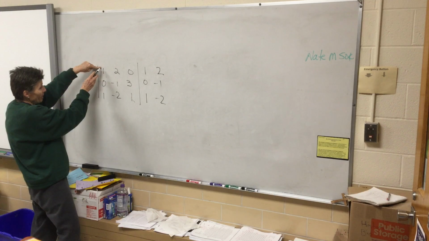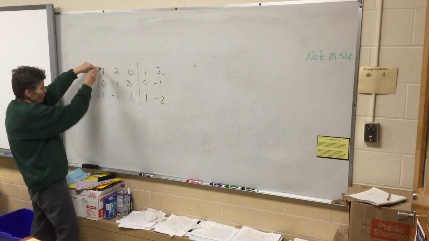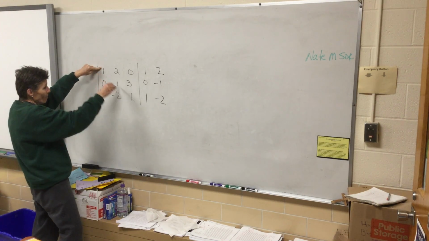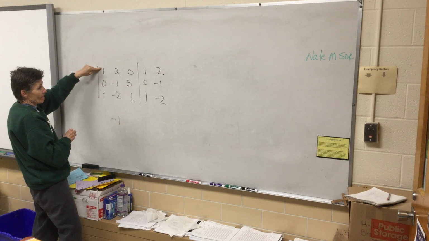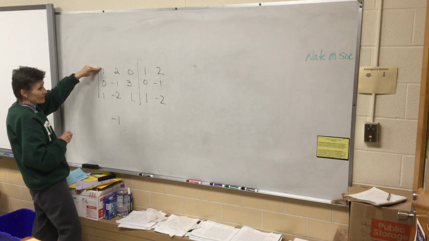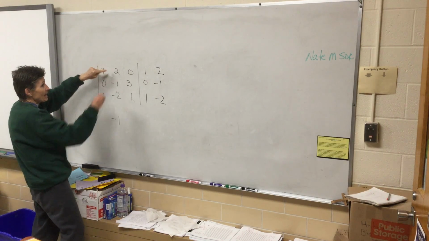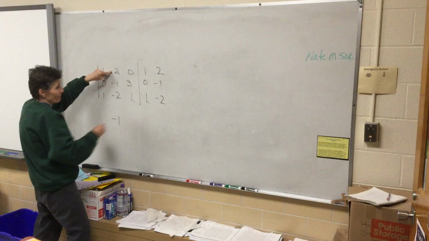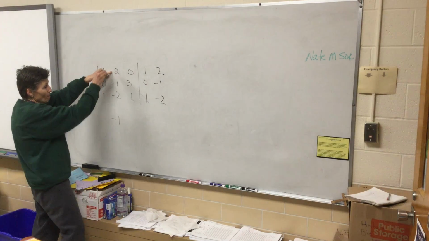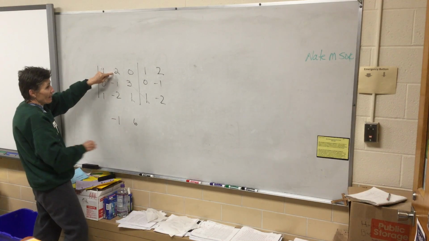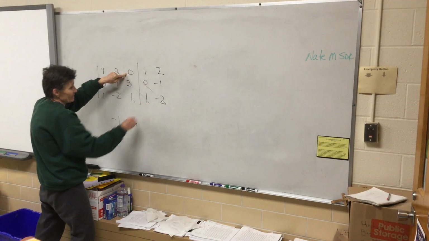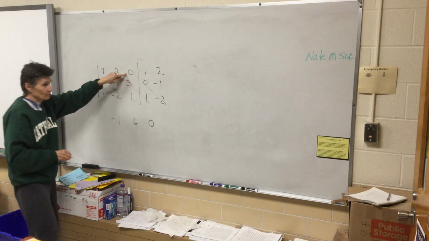I'm going to multiply 1, negative 1, and 1. This diagonal, I'm multiplying them, and I'm going to get negative 1 when I multiply those three numbers together. Now I'm going to multiply these three numbers together. That's 6. And then I'm going to multiply these three together, and that's 0.